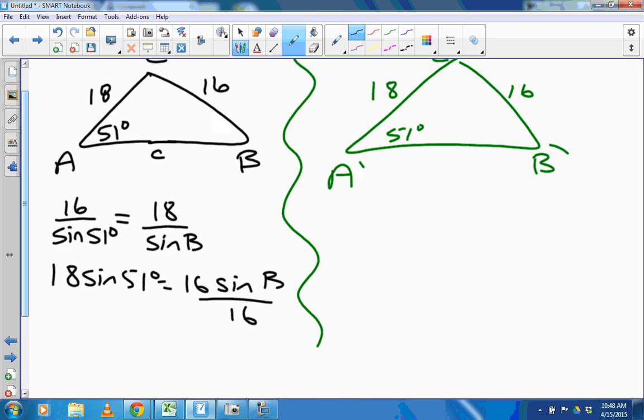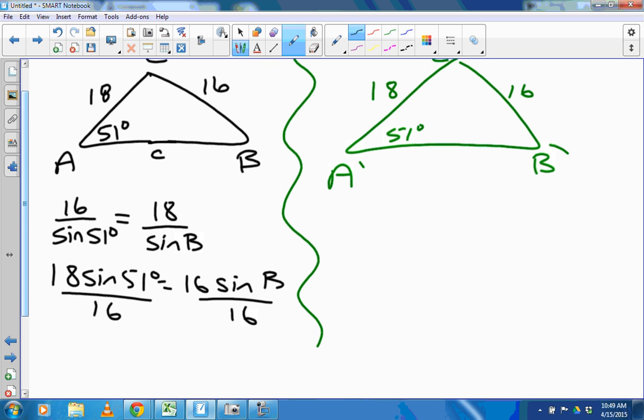So I'll type this in. Take inverse sine of it. 18 sine 51 divided by 16 is like 0.8743, and so that's the sine of B. So I take the inverse sine of that.